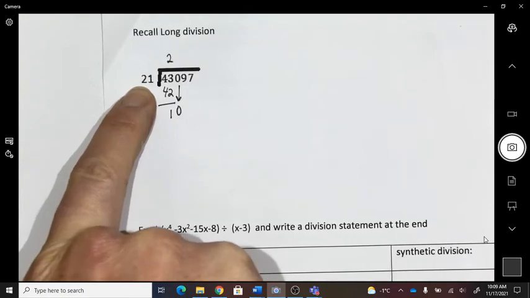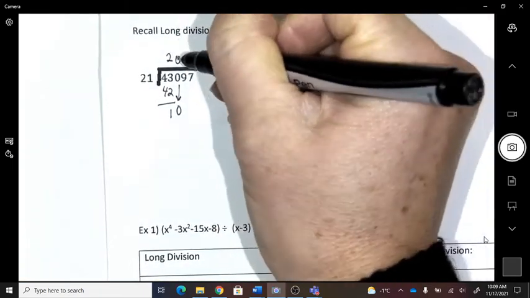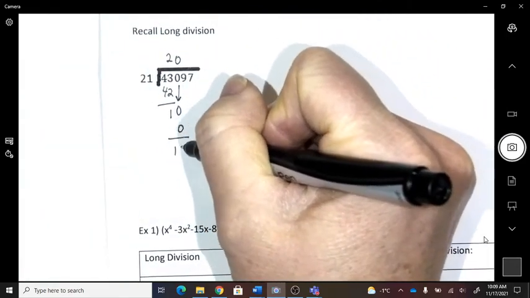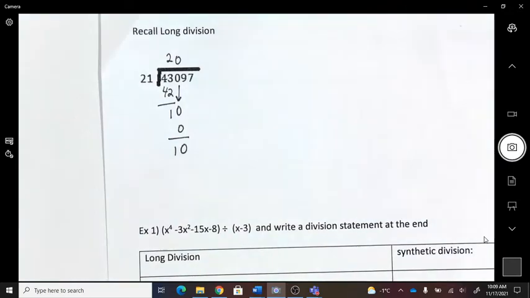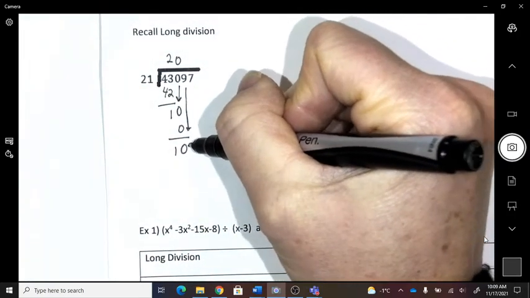How many times does 21 go into 10? None. 0 times 21 is 0, which makes 10. Then I bring down the 9.